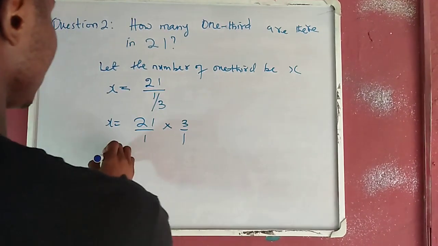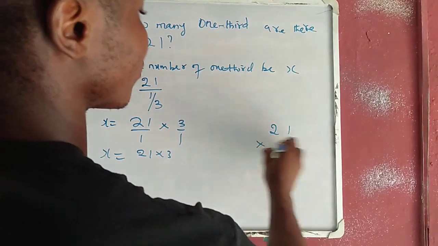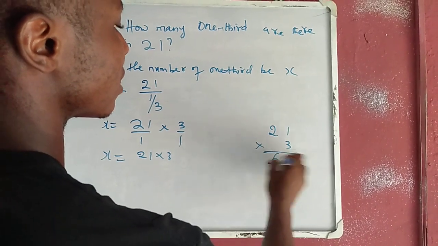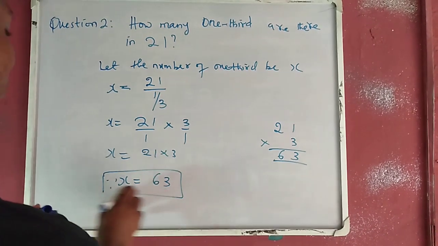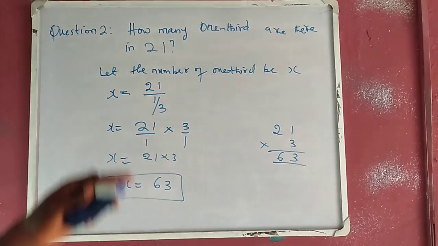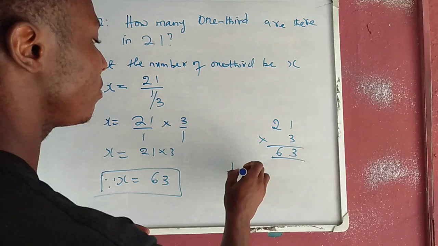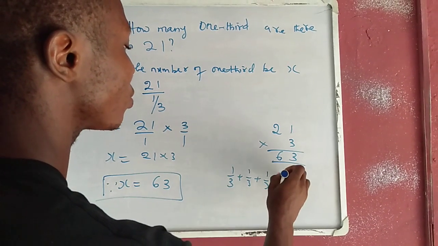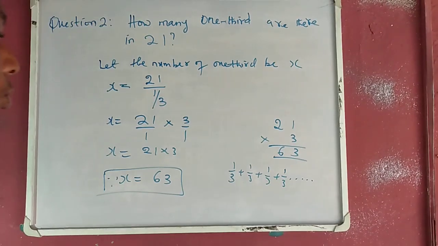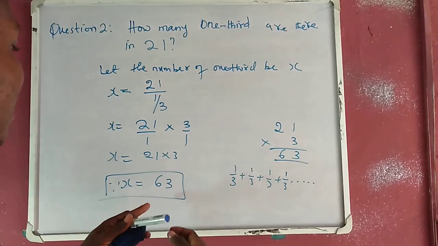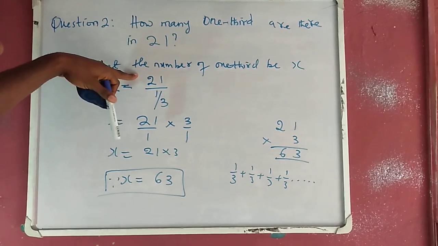So if you do this, 21 times 3, this will be 3, this will be 6. So therefore X is equal to 63. So we have 63 one thirds. So it basically means if you add one third plus one third plus one third up to 63 times, you will certainly get 21.